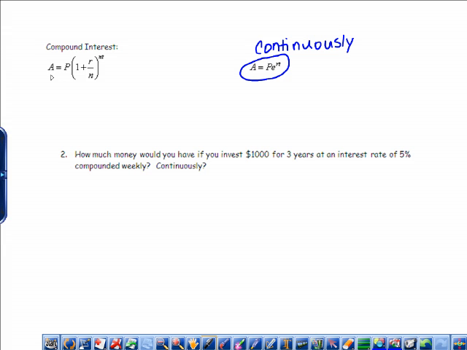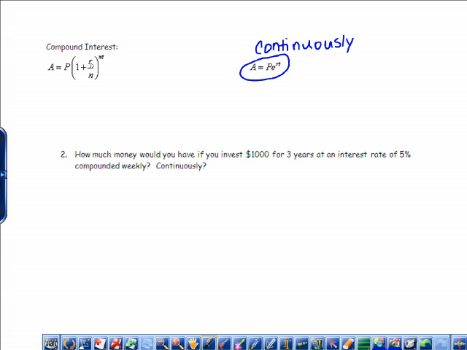So let's go through what each of these things mean, and you write down whatever you need to write down. A is your current, or you could say your final amount. P is your principal. That's how much you start with, so however much money you put into the bank account.